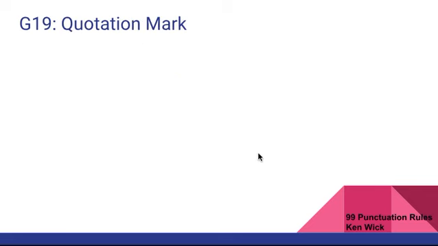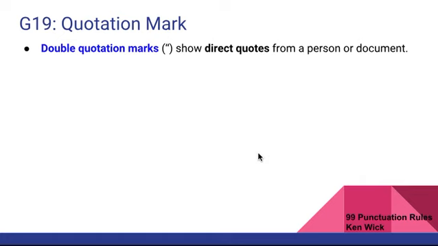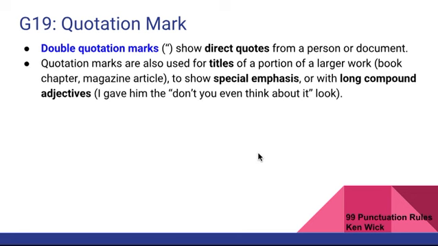So the quotation mark. Double quotation marks show a direct quote. You're actually quoting somebody, or showing what someone is directly saying. Quotation marks are also used for titles of portions of a larger work, like a book chapter or magazine article, or to show special emphasis, or with a long compound adjective, like I gave him the "don't you even think about it" look.